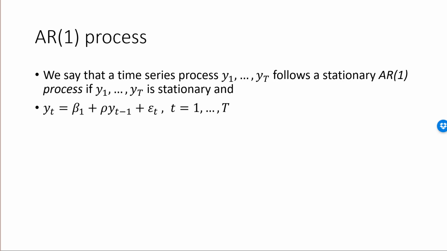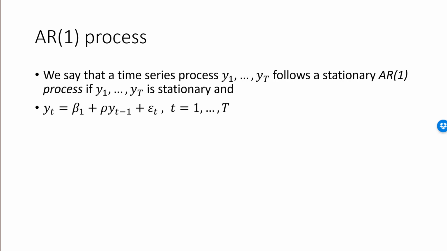Now we will focus our attention on stationary AR1 processes, even though it's possible for a process to follow a non-stationary AR1 process. So remember, it's stationary. YT has a constant expected value, a constant variance, and the covariance between YT and YT minus S will depend on S only and not T.